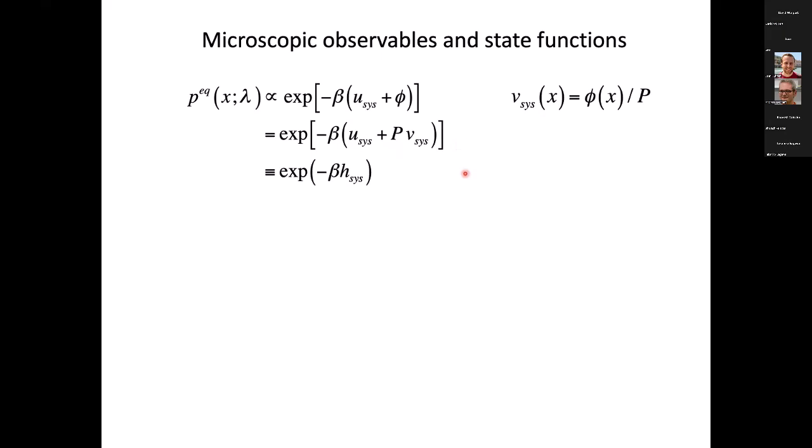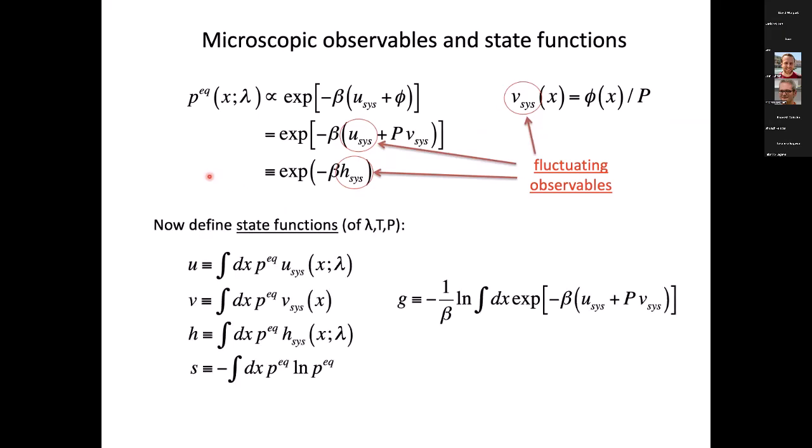So this is the Boltzmann factor at constant temperature and constant pressure, looks something like this. I can then combine these terms, internal energy plus pressure times volume, into yet another fluctuating observable, the enthalpy, H, of the system. So notice that at this point, I have three different fluctuating observables: the internal energy, the volume, and the enthalpy of the system. Now, from these, let me start introducing some definitions for state functions.